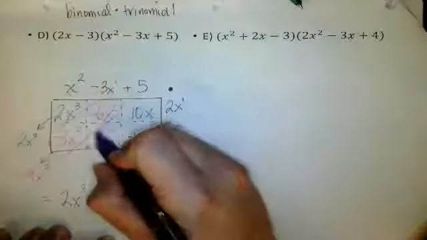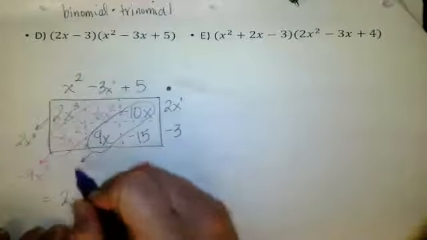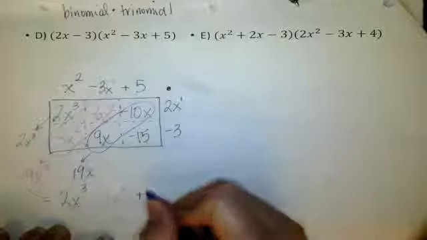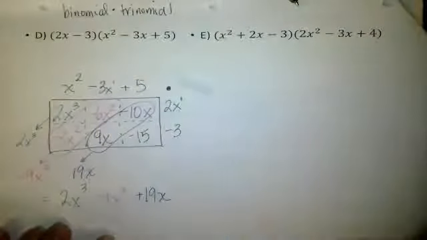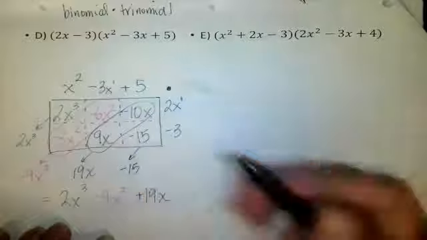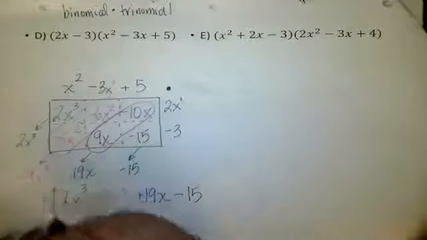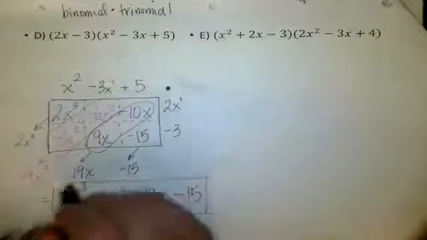And then I have a 9x and a 10x. And what does that make? 19x. And then I have that negative 15, which doesn't have a like term, so it just gets added onto the end. And this is our final product.